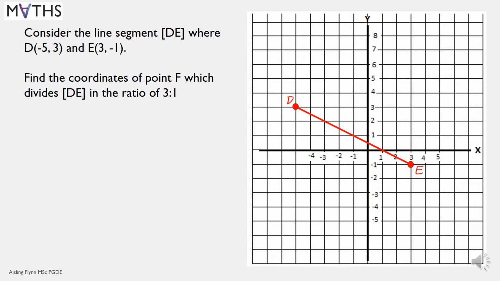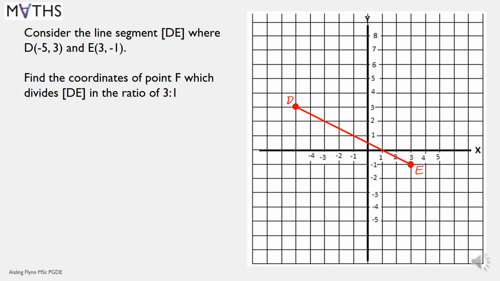So it's not as simple as just counting units along the red line, because the line is at an angle and that would interfere with our counting. What we can do, however, is look at horizontal and vertical distances.